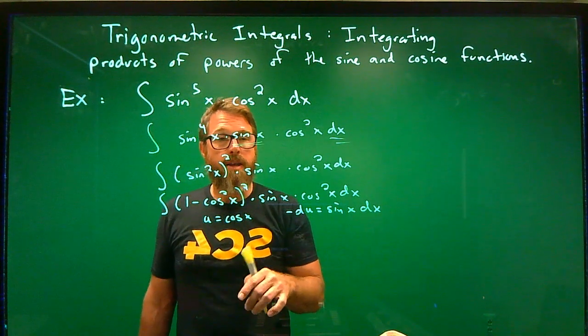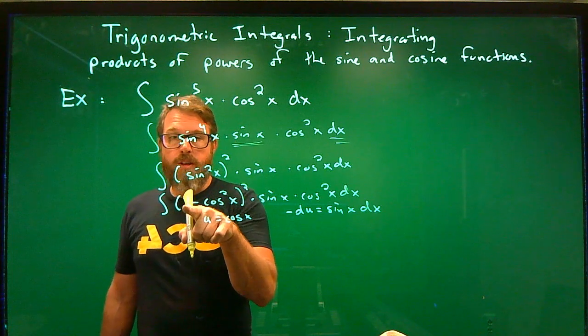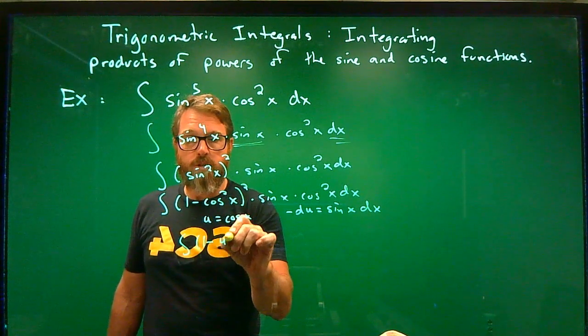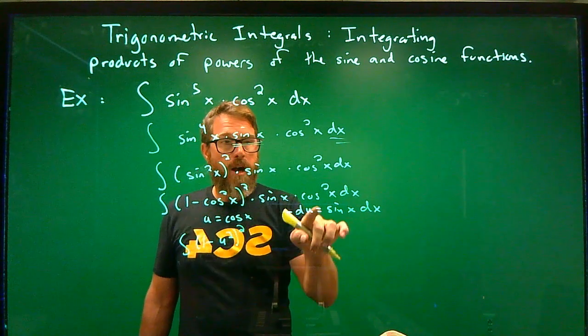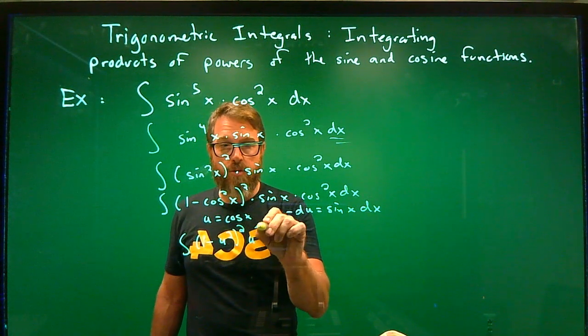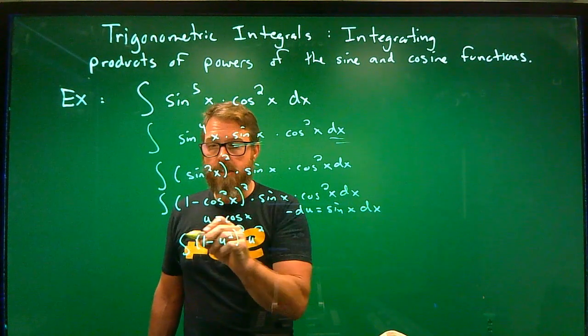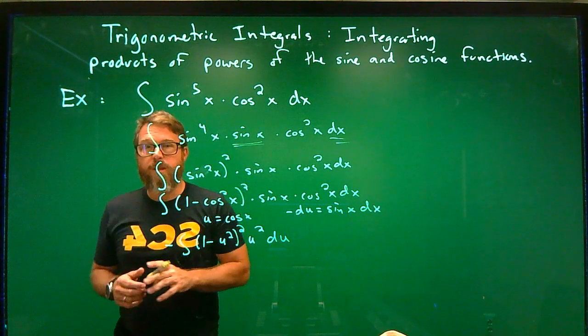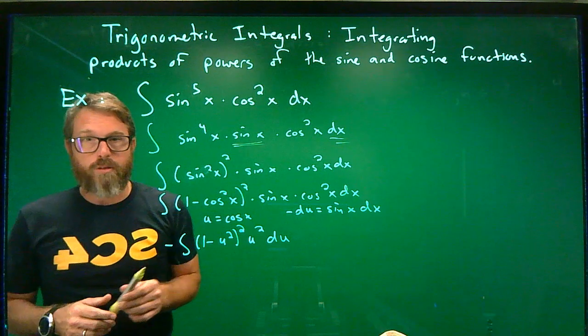Okay, so making our substitution. So this is going to be the integral of 1 minus u squared, all squared. This is going to be also times u squared. Sine of x dx is going to be negative du, so this is now nothing more than really a polynomial in terms of u.